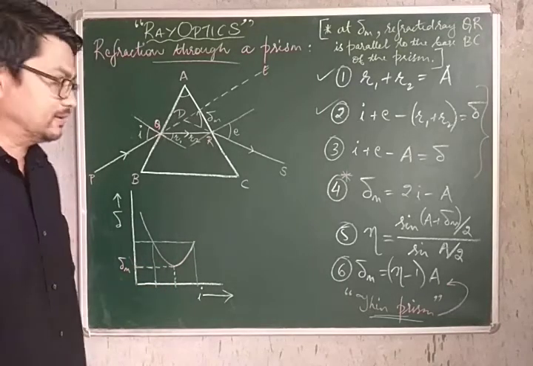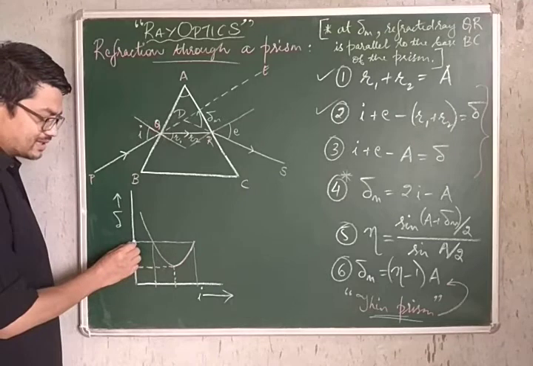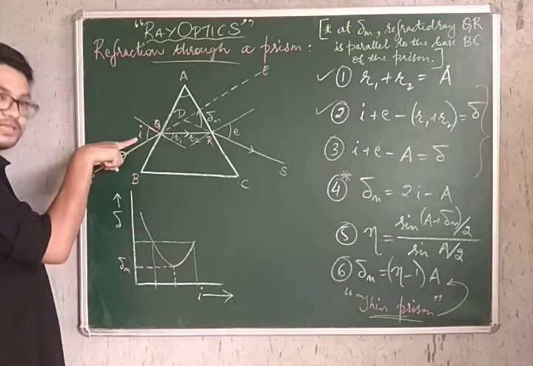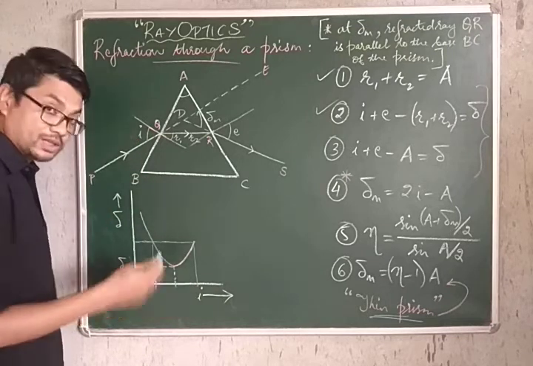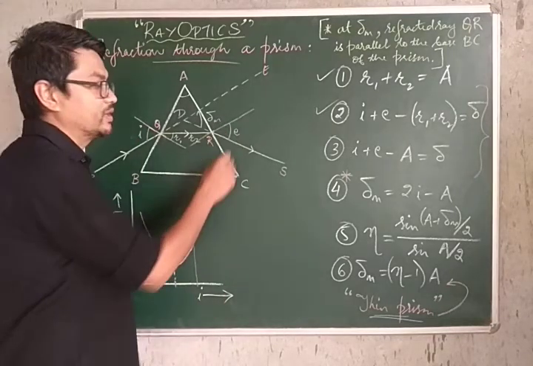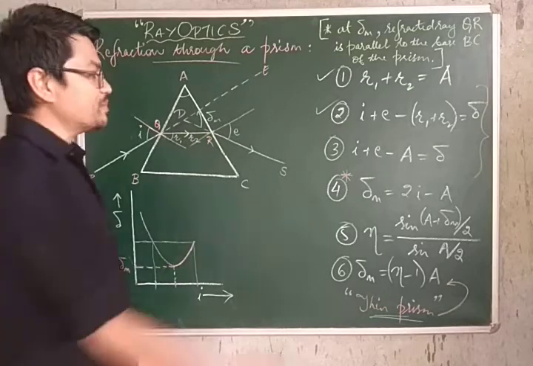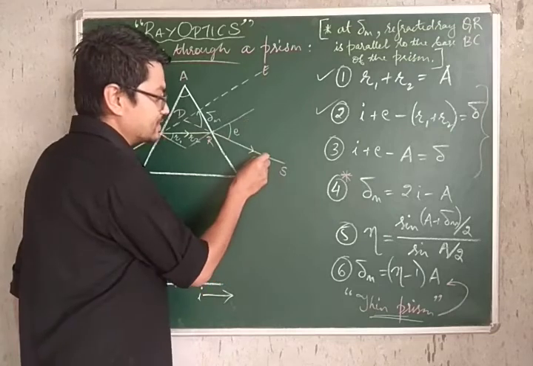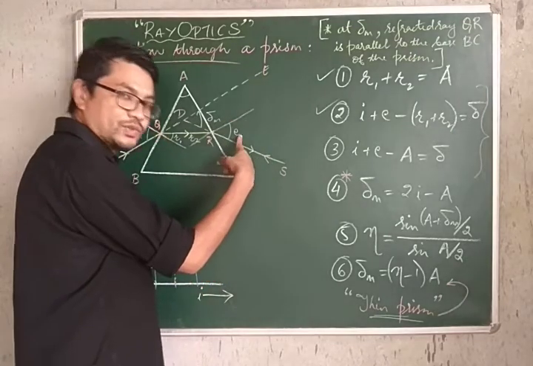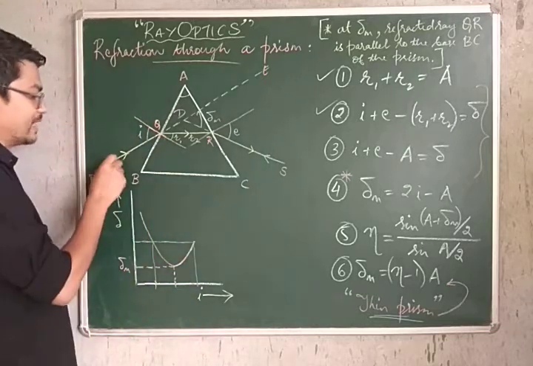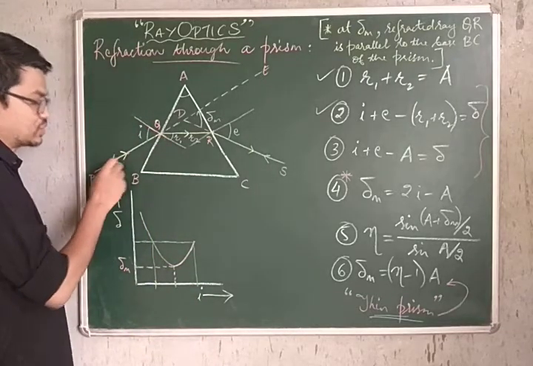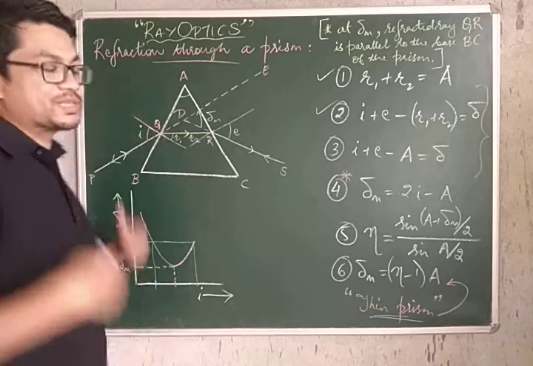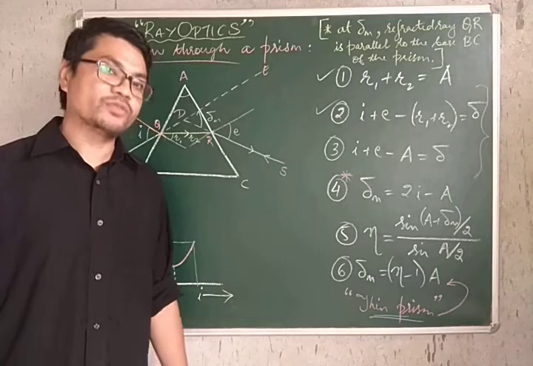So what do we understand? For any other case, when we get two values of the angle of incidence, one value is of course the angle of incidence I, and the other value gives us the angle of emergence. When we make the ray of light incident from this side, say this is the incident ray now and the angle of incidence is equal to E, the ray of light will finally emerge in this direction at an angle of emergence equal to I. This we get from the principle of reversibility of light.